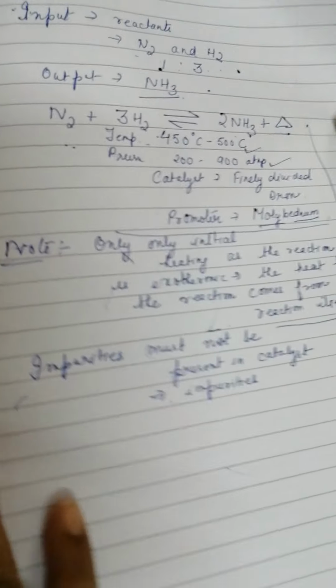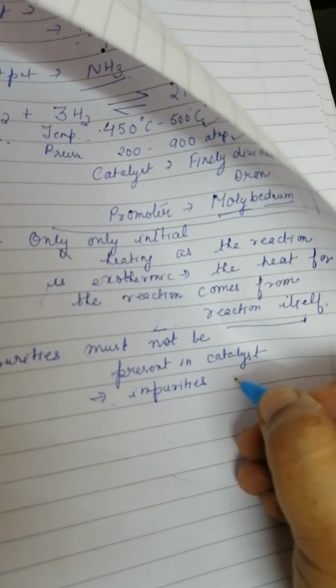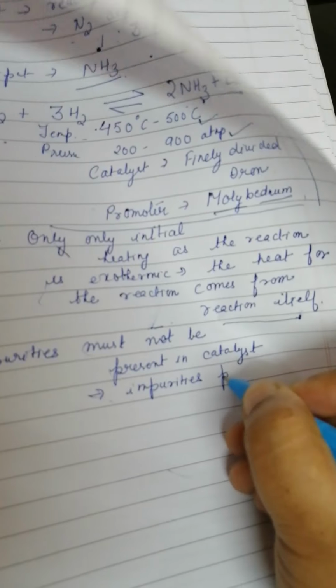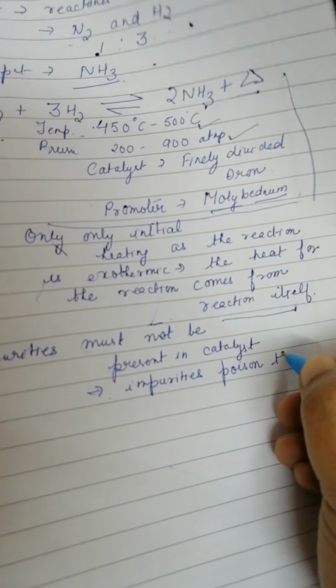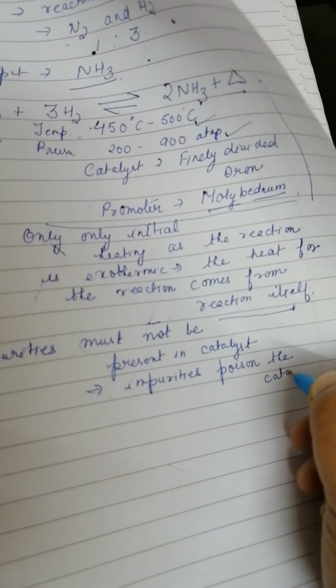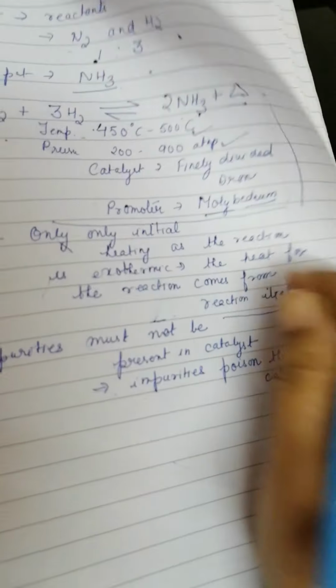Now the catalyst is not going to die because of the impurities. Impurities poison the catalyst and will reduce its efficiency. So the catalyst is not going to work efficiently in the presence of impurities.